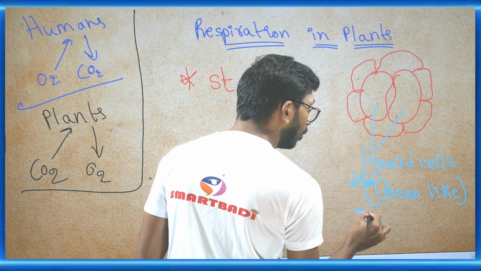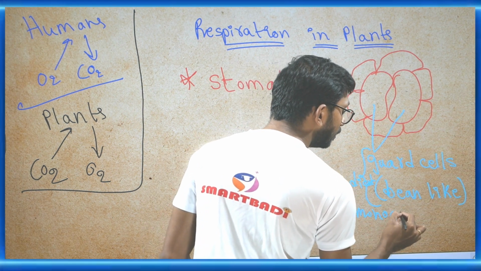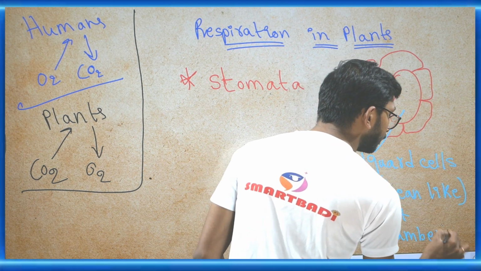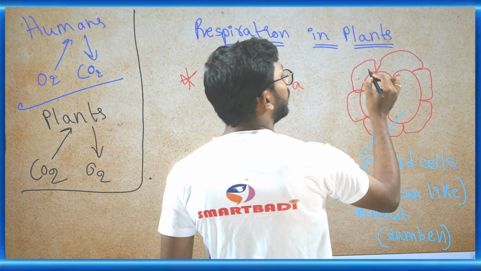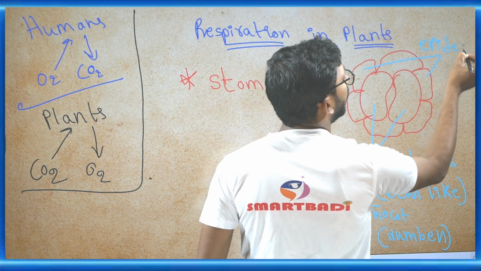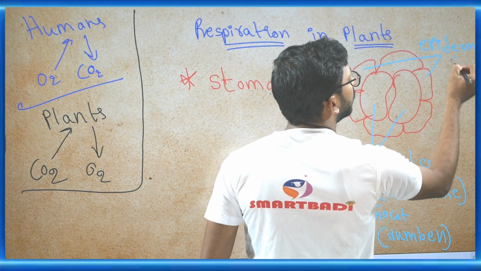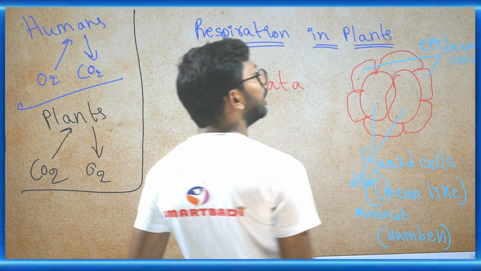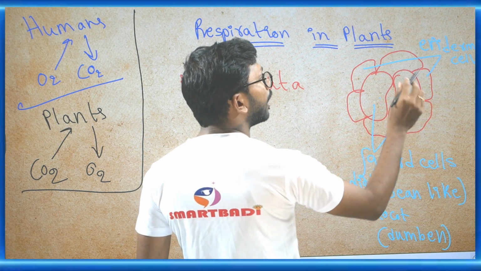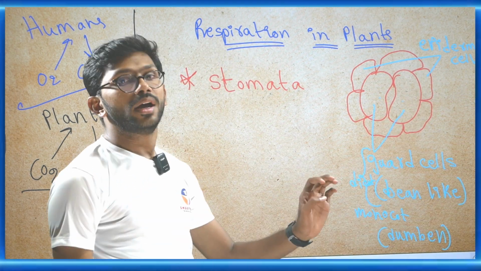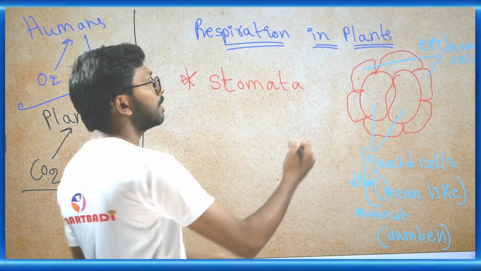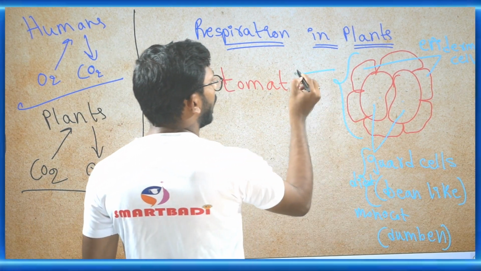If you come to monocot plants, the structure will be dumbbell-like. The upper layer cells are called epidermal cells. The guard cells are covered by the epidermal cells, and this total is considered the stomata.